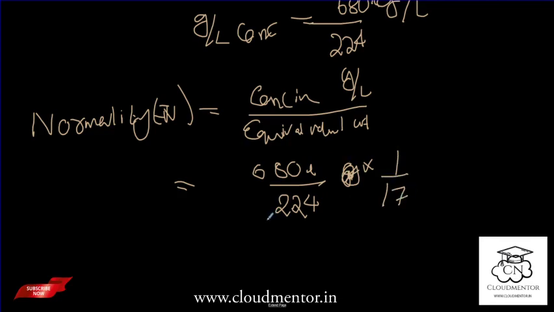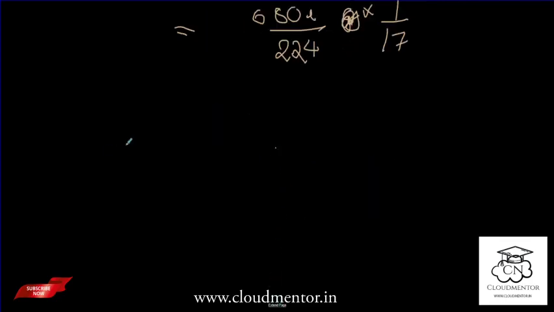By the calculation, we get normality as x by 5.6.